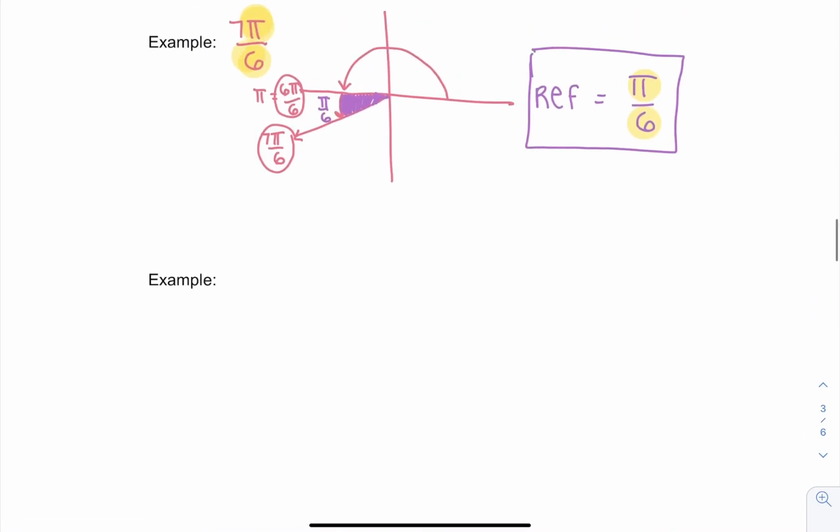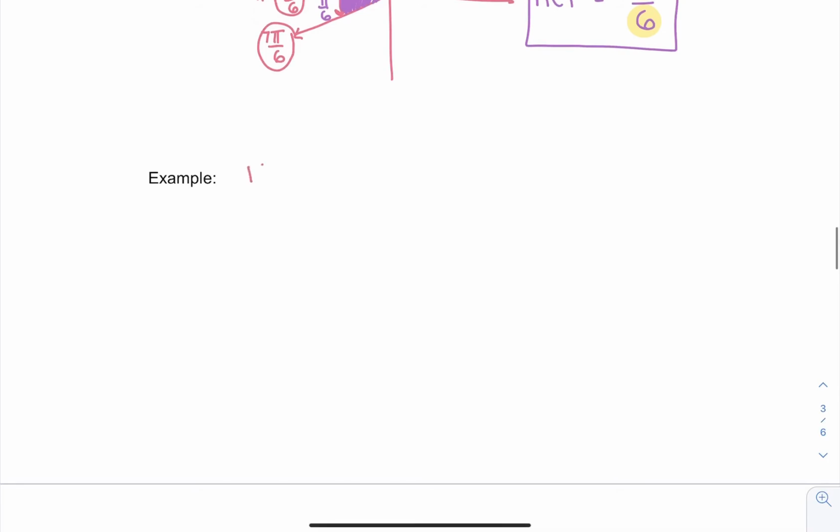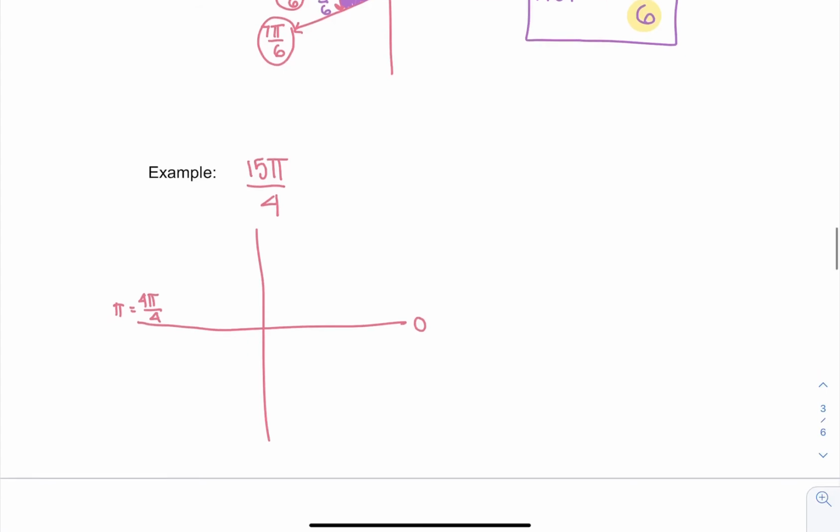Let's try one more just so you get the idea of it. So let's try 15 pi over 4. Now, one thing you have to be good at is converting your fractions. So what I mean is, here's 0. Here's pi. Pi is really like 4 pi over 4, just like 1 is really like 4 over 4. So I spun 4 pi over 4. 2 pi is really like 8 pi over 4.